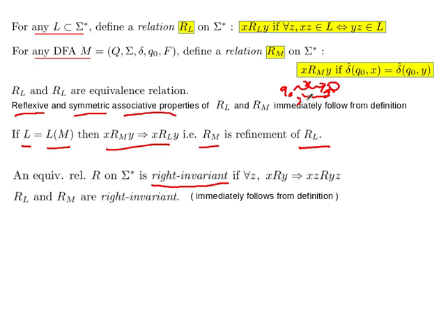So after this, no matter what z you put, you reach the same state, right? So you can put a z here, and similarly here also, for all x and y this happens.